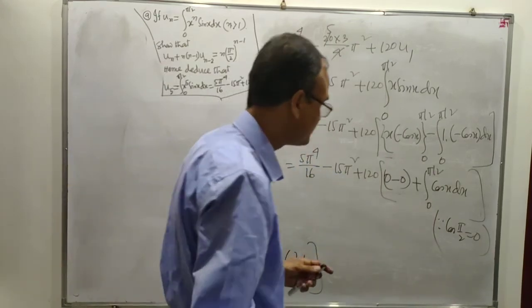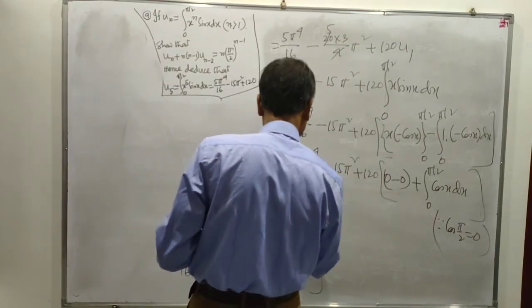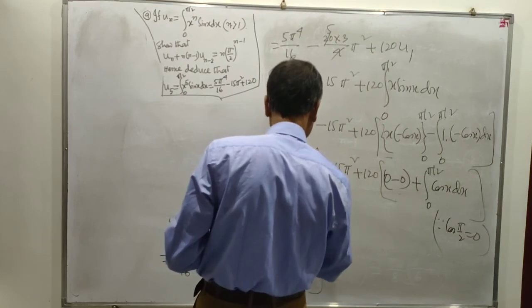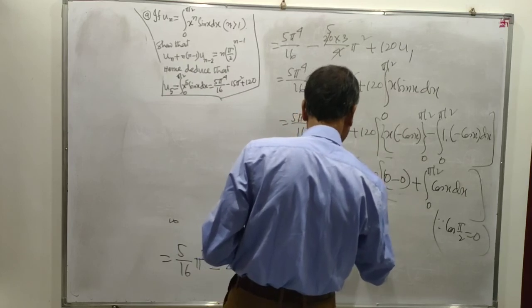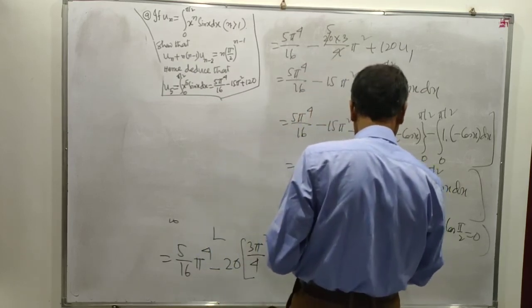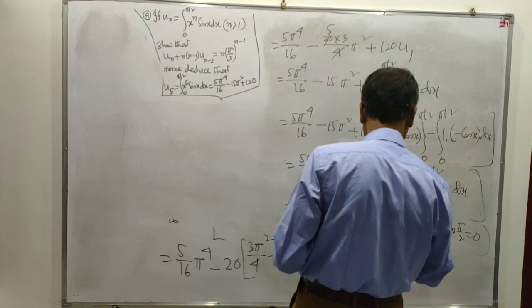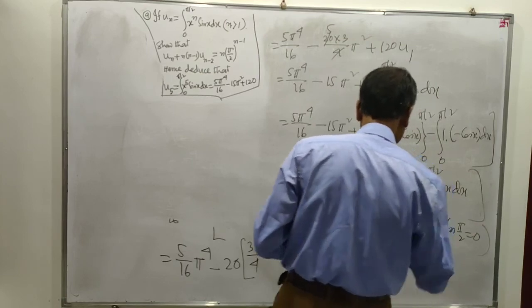This is equal to 5 pi to the power 4 by 16 minus 15 pi square plus 120, it will be sin x from 0 to pi by 2.